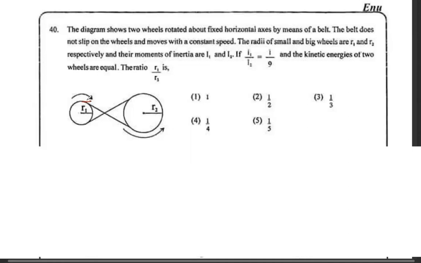The tangential speed is equal because whatever the speed comes from here, it will reach this point. So the tangential speeds, not angular velocity. This is v1, and here it will be v2; v1 and v2 are equal. But omega will be different, because in one minute, if this makes 30 rotations, this doesn't have to make 30 rotations.